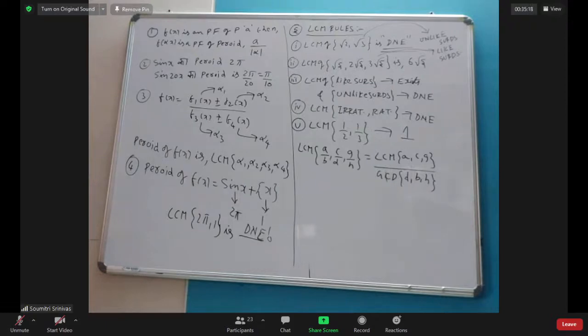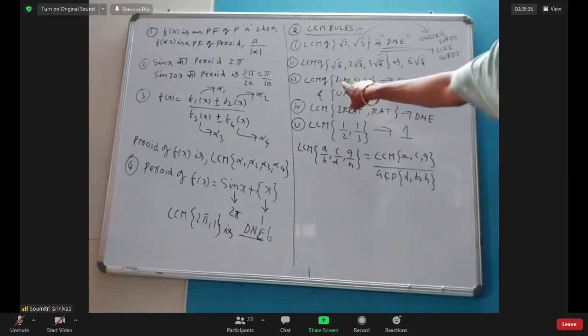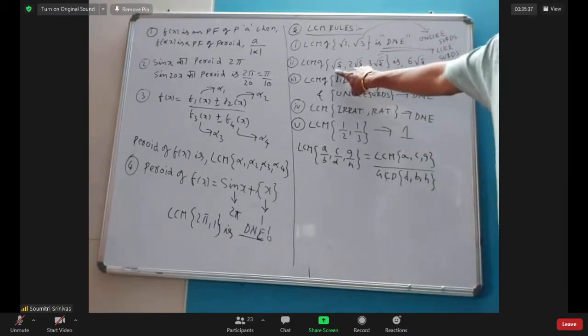Sir, one doubt. Sir said that LCM of root 2, root 3 is 1? No, does not exist. LCM of like surds. These are irrationals.